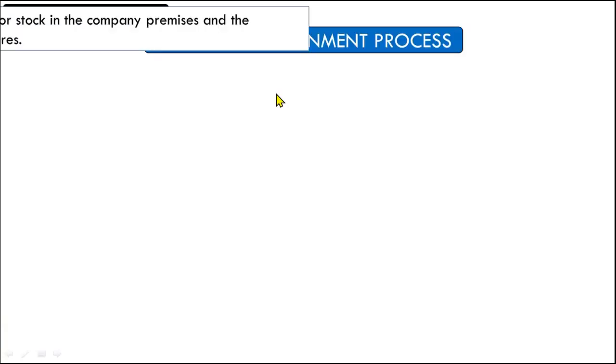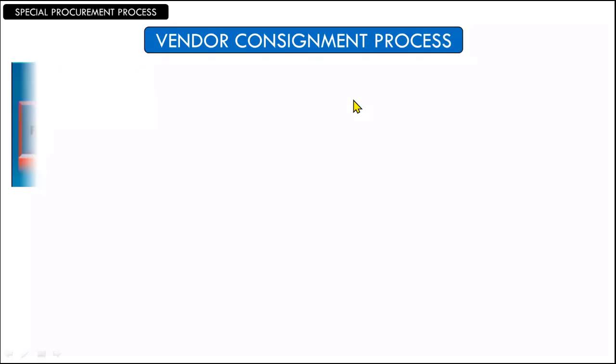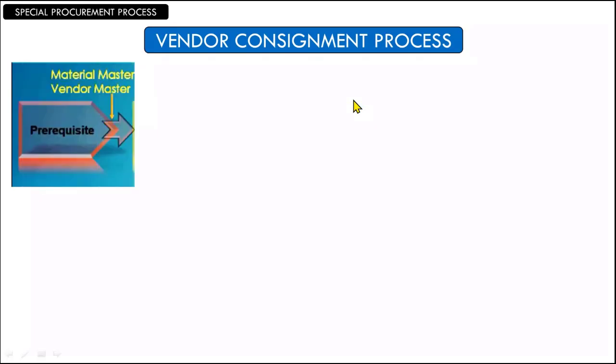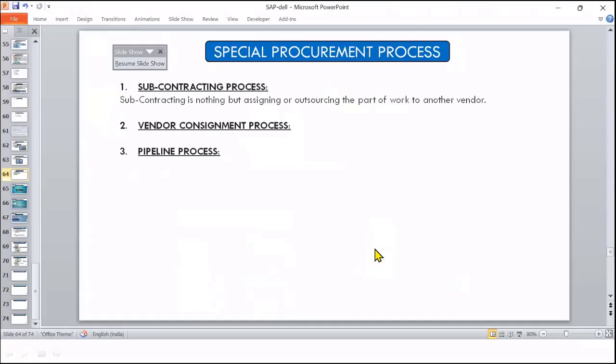So vendor consignment is used as I have already explained. First prerequisite is we need to create material and vendor. We'll create a new material only to practice this. Where is the server?